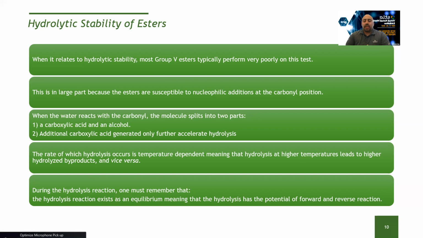So the higher the temperature, the higher the rate of formation of hydrolyzed products, and vice versa. But we have to remember that this hydrolysis reaction is reversible. There's an equilibrium that lies between this reaction. So hydrolysis can be a potential forward and reverse reaction, but in most cases, this reverse reaction is very slow.